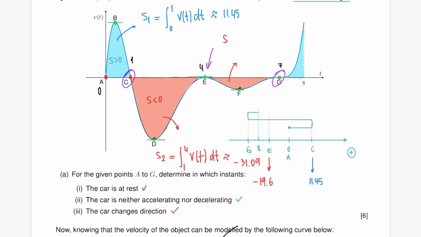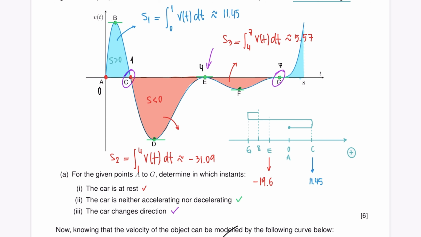If you want to indicate this as negative, you can as well. Now this area over here is approximately 5.57, meaning that we go an extra 5.57 to the left. So this is negative 25.2. And then we go a tiny bit to the right, more precisely approximately 3.85, which means that when t is equal to 8, we're at approximately negative 21.4.